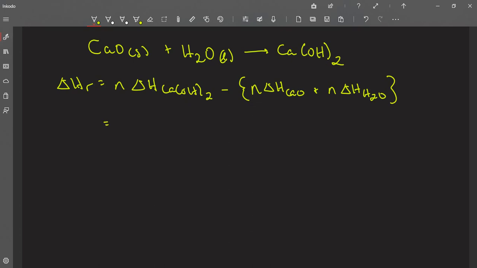Okay, now we plug things in. There is 1 mole of calcium hydroxide, and that has, from the question, these values, kilojoules per mole. Then it's 1 mole of calcium oxide, then the value of its enthalpy of formation.